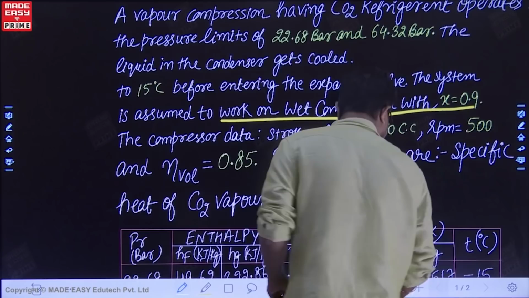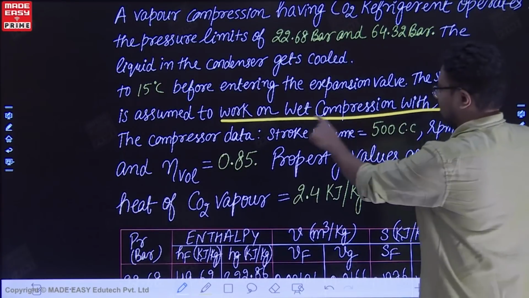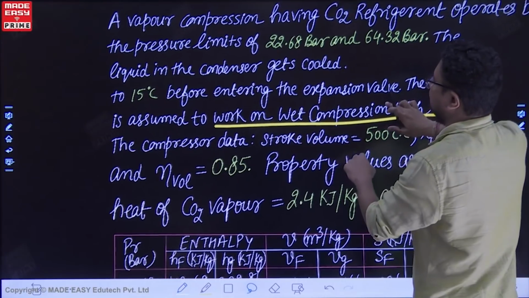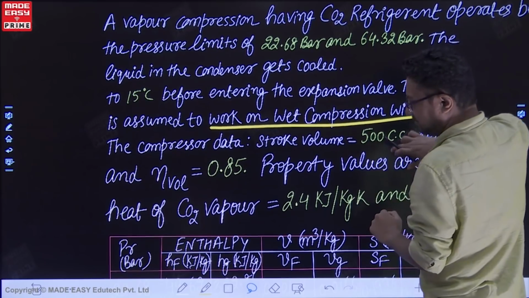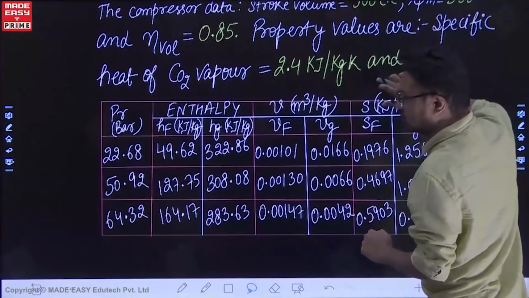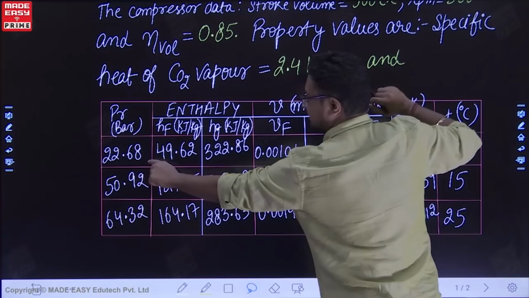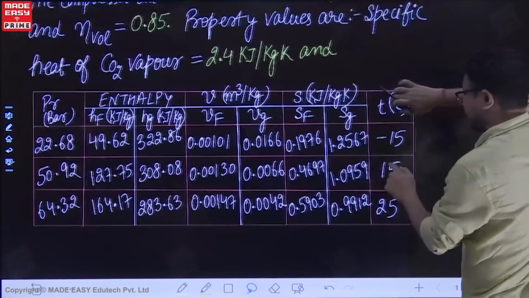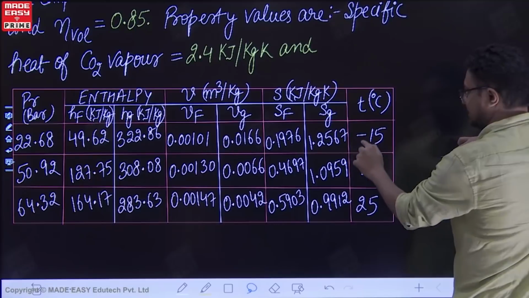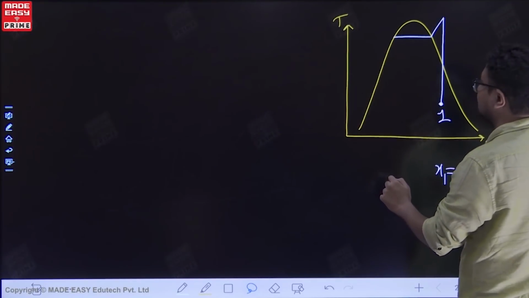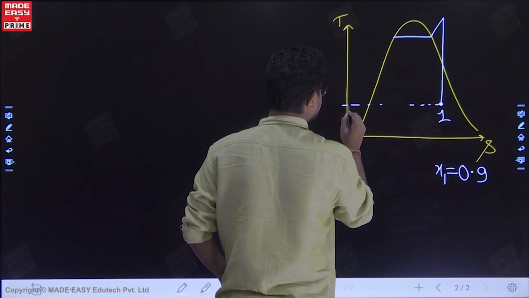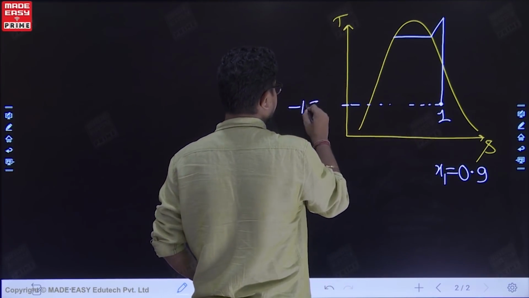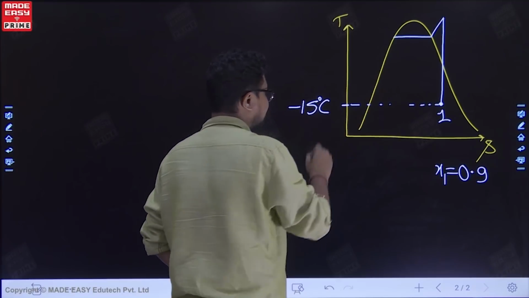So let us see, when we start compression, this is the lower pressure limit, 22.68 bar. So 22.68, the temperature is given, this is minus 15 degrees Celsius, right?